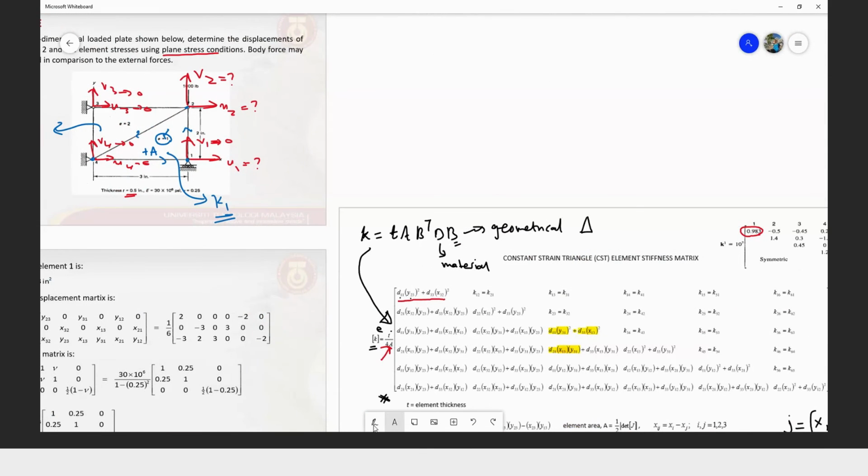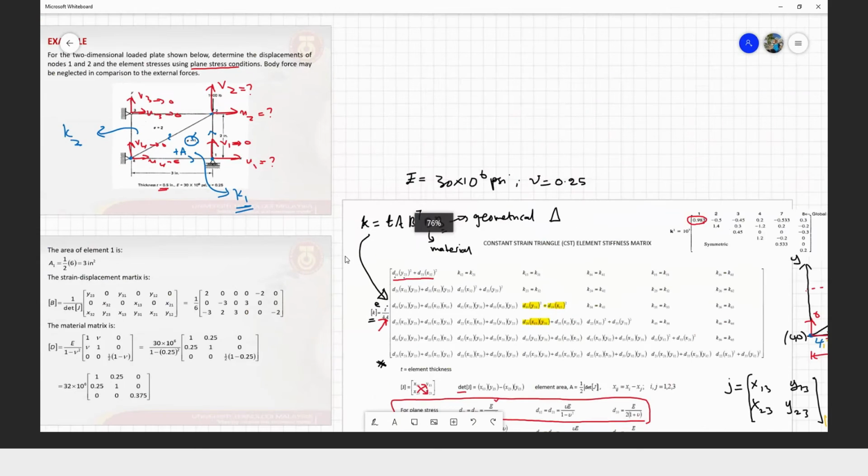It's mentioned there that the modulus of elasticity is 30 times 10 to the power of 6 psi, and the Poisson ratio is equal to 0.25. So this is the Poisson ratio.